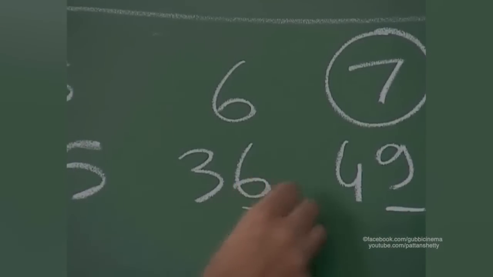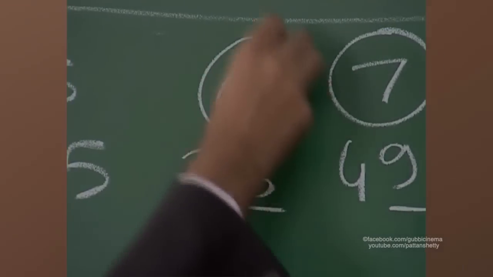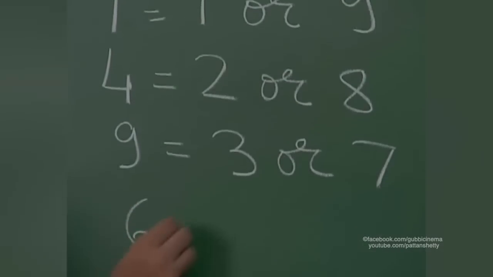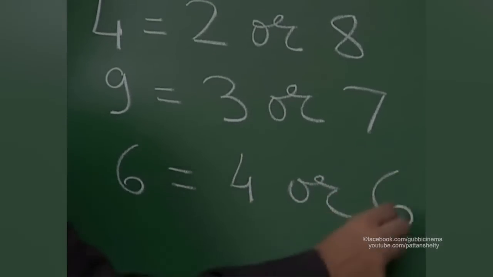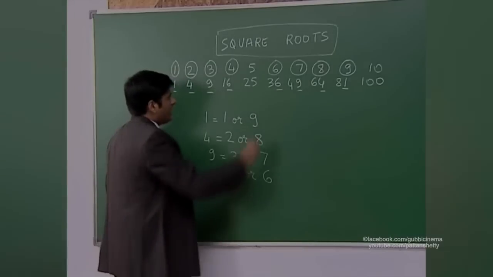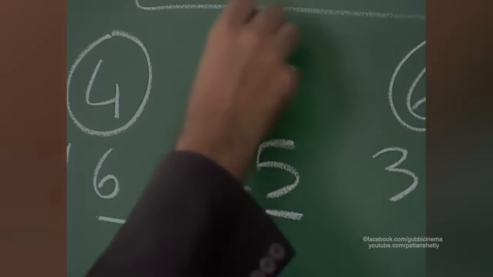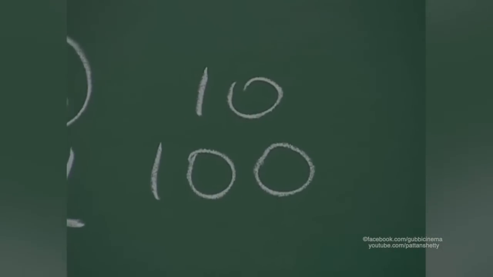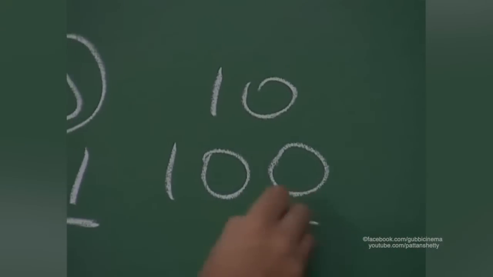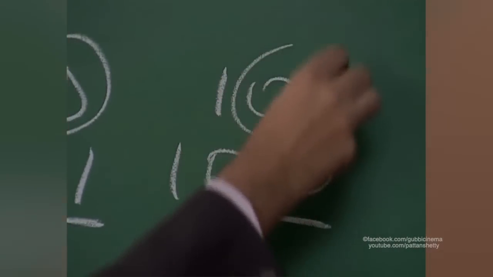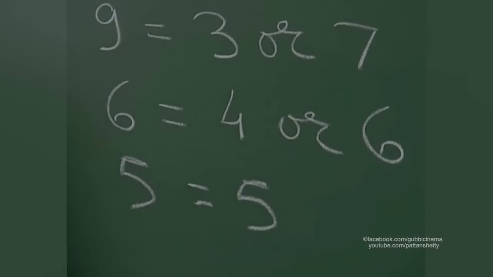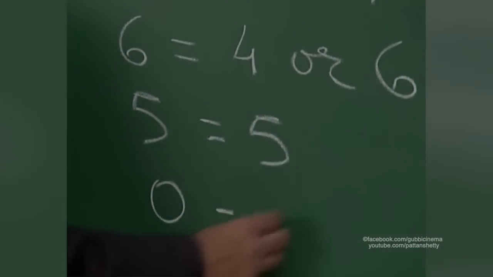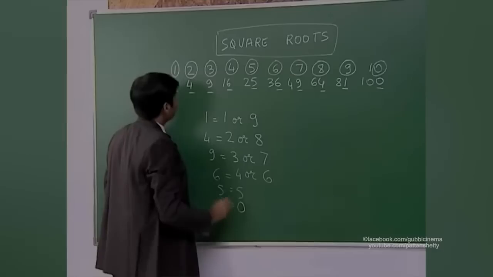If the square ends in 6, the square root will end in 4 or 6. If the square ends in 5, the square root will end in 5. And if the square ends in 0, the square root will end in 0.